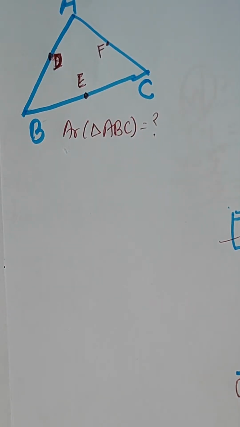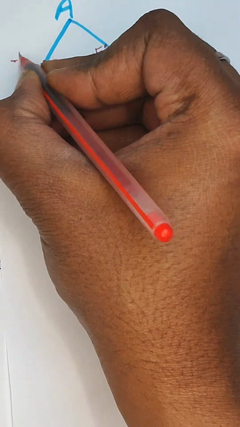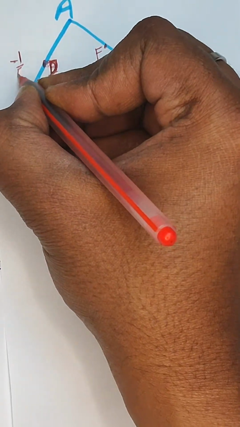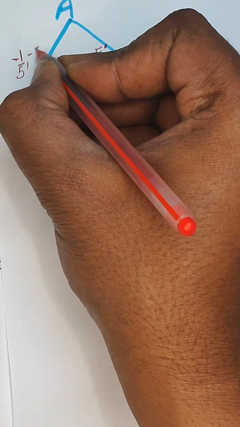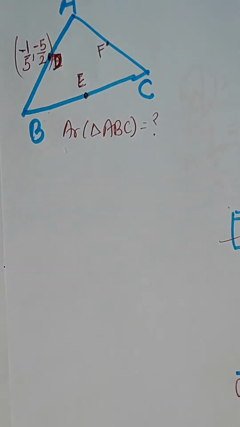What is the coordinate of D? It's minus 1 by 5, minus 5 by 2. These are the coordinates of D, right?